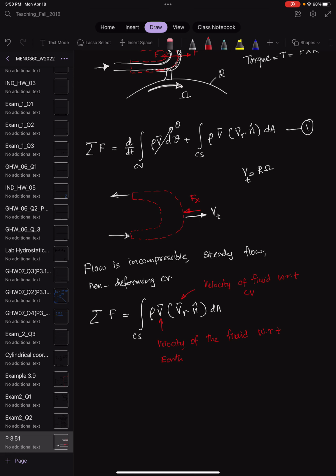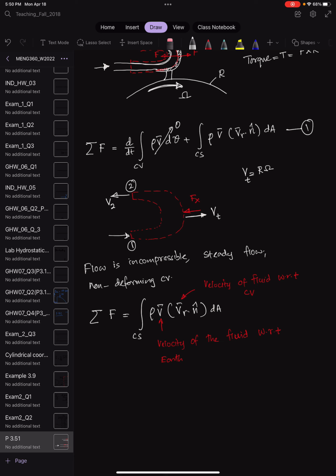This is my cross section 1 and cross section 2, and we need to identify what each velocity is.